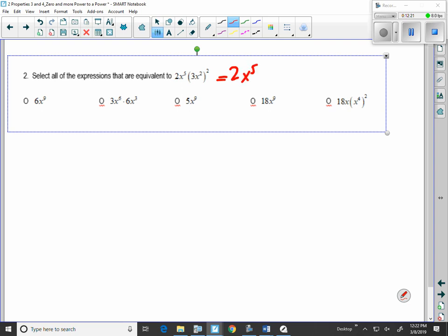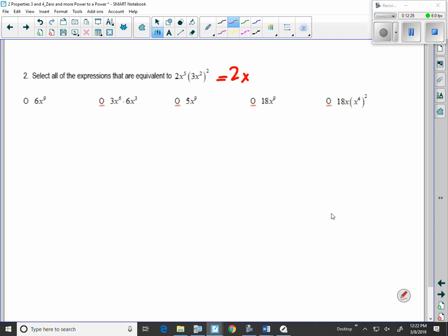The 2x to the 5th will stay at the beginning. And then 3 squared, what do I get? And then x squared squared. Okay, so we should end up with 18x to the 9th, yes? Okay, well, obviously 18x to the 9th is the answer.